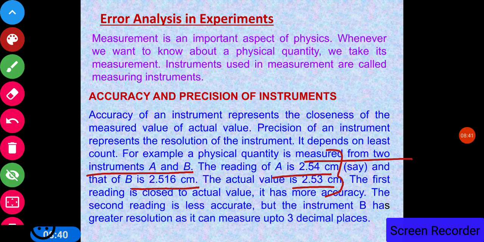So we will say that instrument A is more accurate, but the second reading is less accurate. But instrument B has greater resolution as it can measure up to 3 decimal places. So when we measure the same reading using two instruments, we can tell which one is more accurate and which one is more precise.